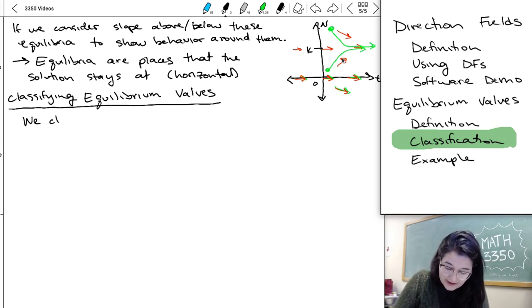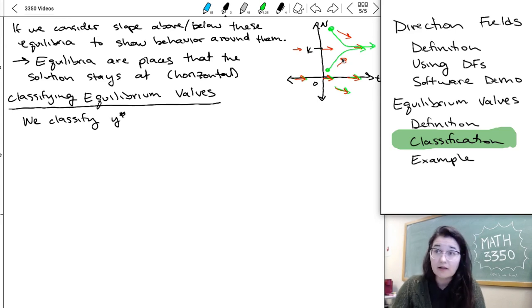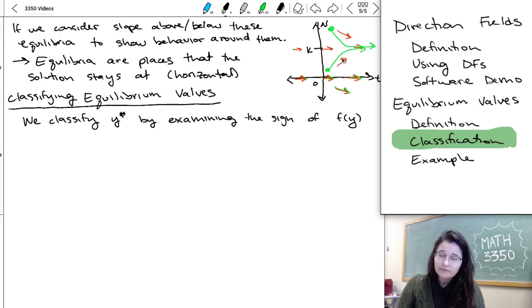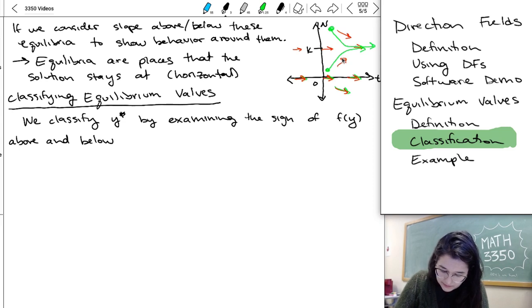So we classify the equilibrium values y star, or in this case n star, by examining the sign of f of y. Examining the sign is the same argument I was making for slope being up or down. We're going to think about that above and below the equilibrium value.